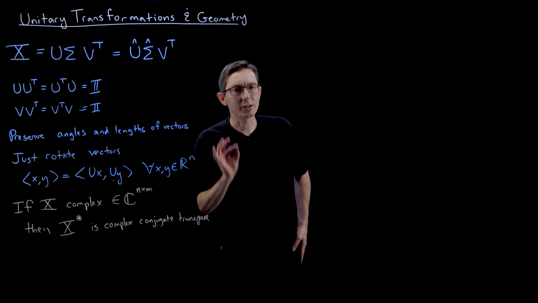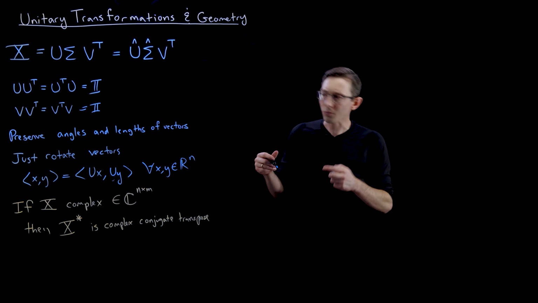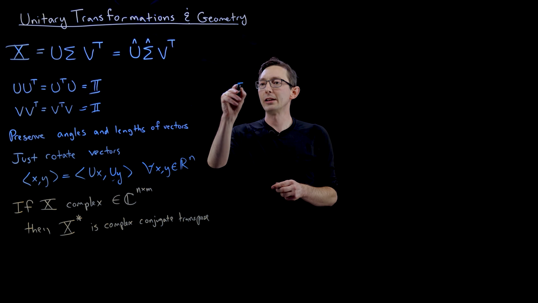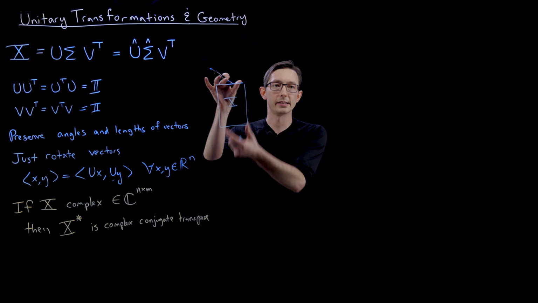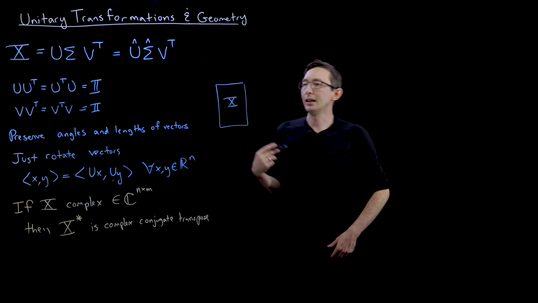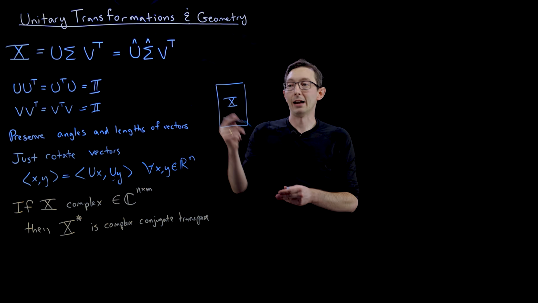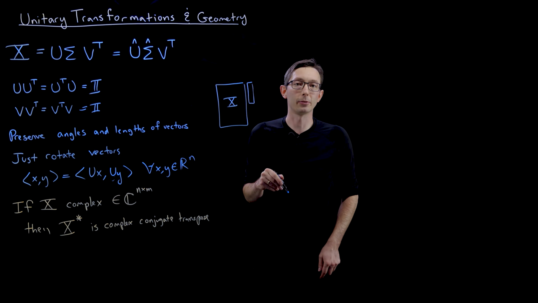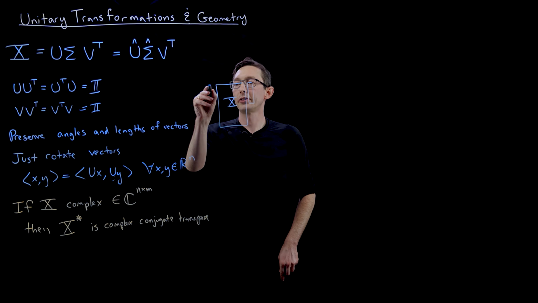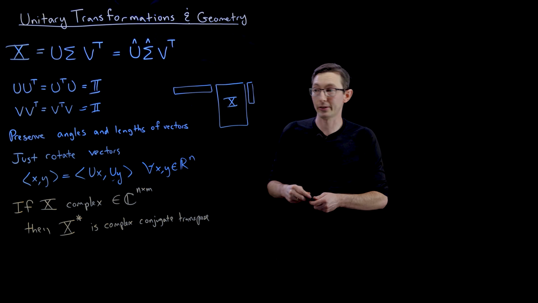Okay, now there's a geometric perspective that I also really like to take, and I'm going to draw here. If we think of our matrix X, and I'm going to draw it again as a tall, skinny matrix, it can multiply vectors on the right or on the left. It can multiply these little V vectors on the right, or it can multiply these long U transpose vectors on the left.